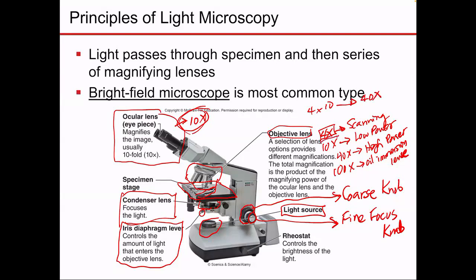But if you're using the 10x, 10x multiplied by 10x is 100x total magnification. If you're using the 40x objective, 40 multiplied by 10x for the ocular lens is 400 total magnification. And then finally, if you're using the oil immersion lens that has 100x magnification, if you multiply that by 10x for the ocular lenses, you can get a total magnification of 1000x.